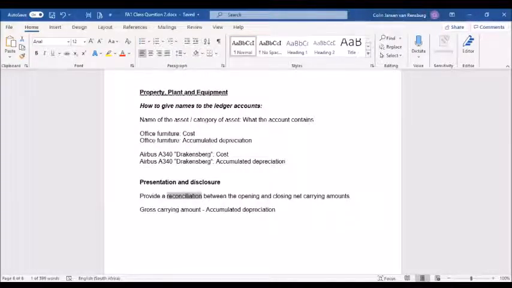So then the reconciling items, what reconciles the opening with the closing balances, would be the movements on either the cost accounts or the accumulated depreciation accounts.